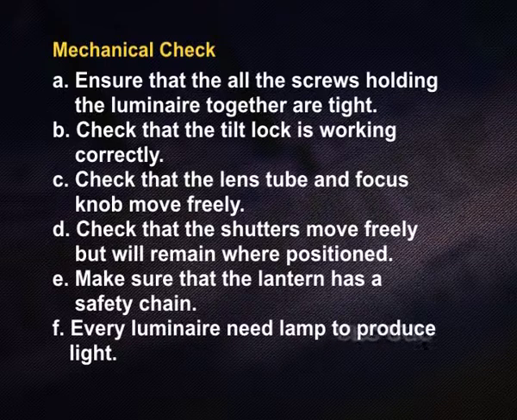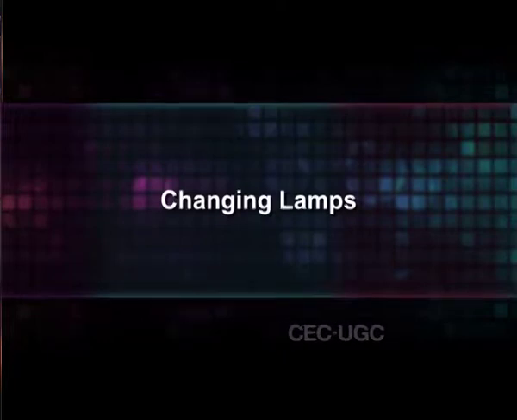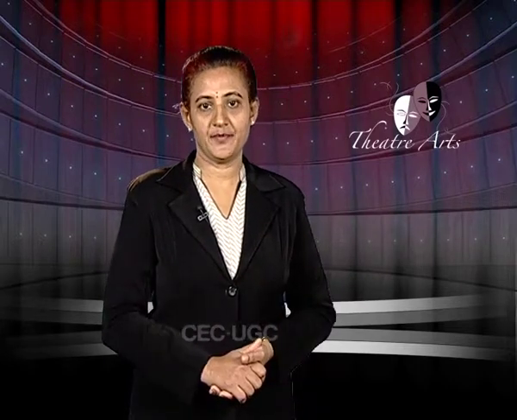Every luminaire needs a lamp to produce light. There are a bewildering number of lamps available, all with different wattage sizes and lamp bases. Changing lamps. To avoid an electric shock, always unplug the luminaire before changing a lamp.